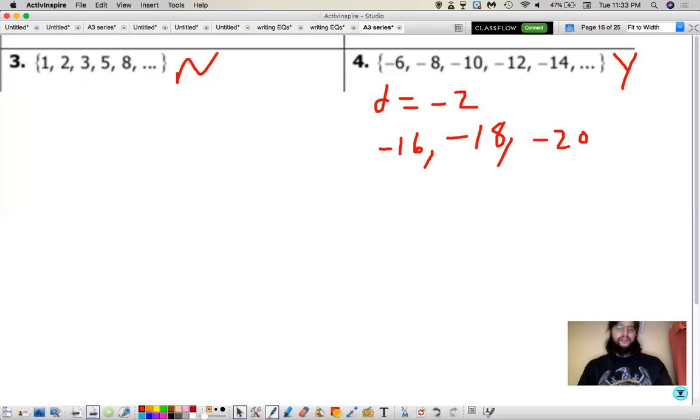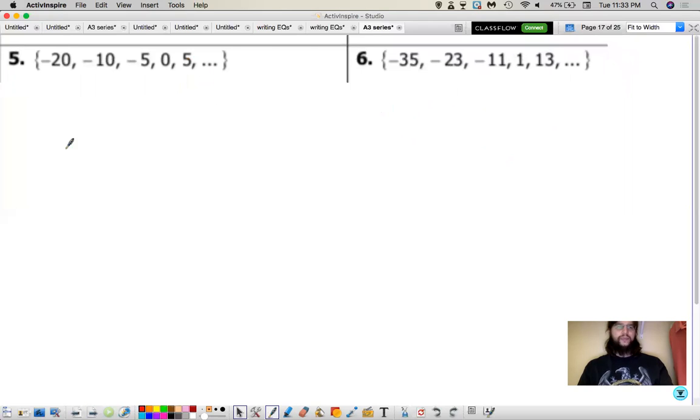Let's see what's next. Arithmetic series, no, another one. Going down by 5, going down by 5. Yep, so we're going down by 5. So D should be negative. Oh, wait, 20 minus, that's not going down by 5, is it? These are, but that one's not. If they're not all going down by the same amount, then no, it's not arithmetic.